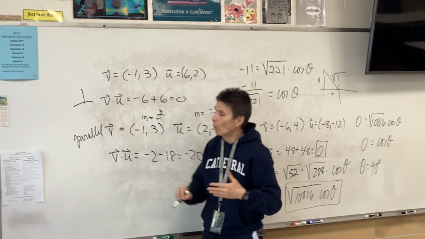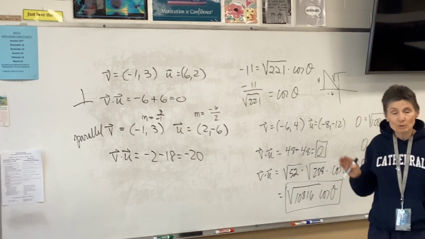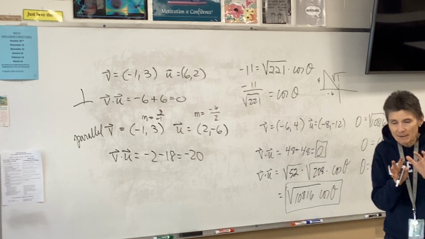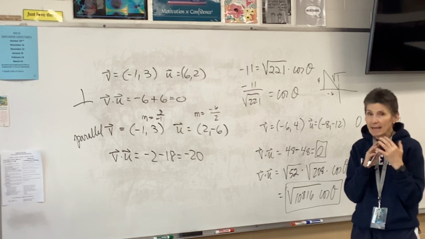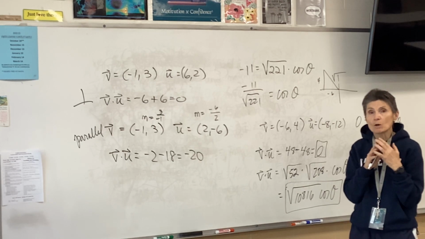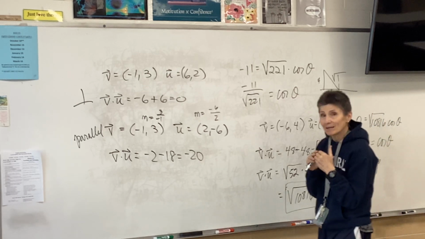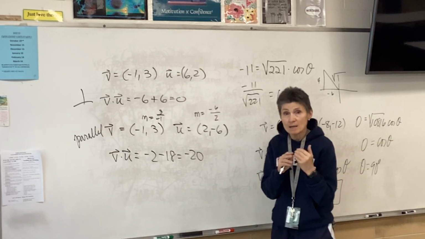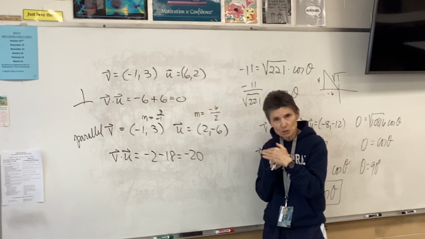Now, what if I can't use slope? Let's just expand this a minute and pretend that I'm in 3 dimensions and I'm comparing 2 vectors. I can't use slope. So how do I know things are parallel? Well, if vectors are parallel, then they are scalar multiples of each other.